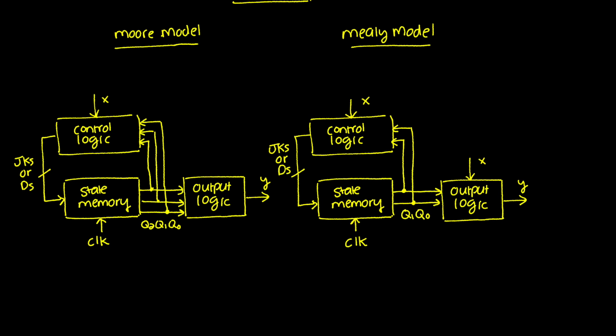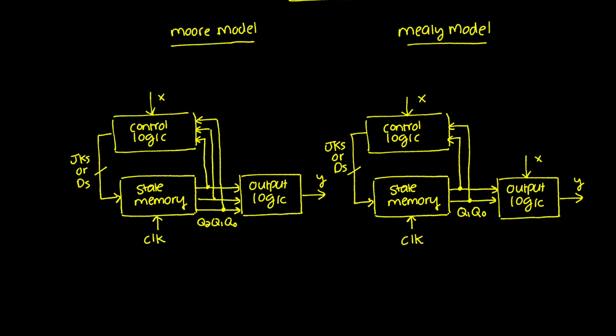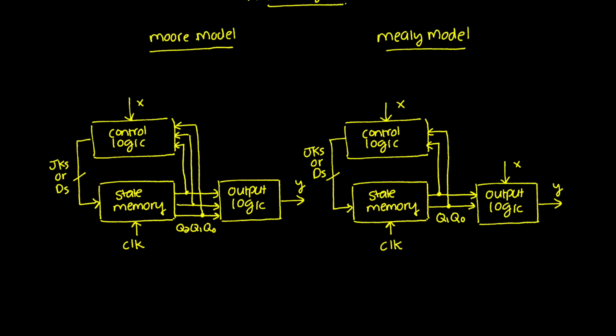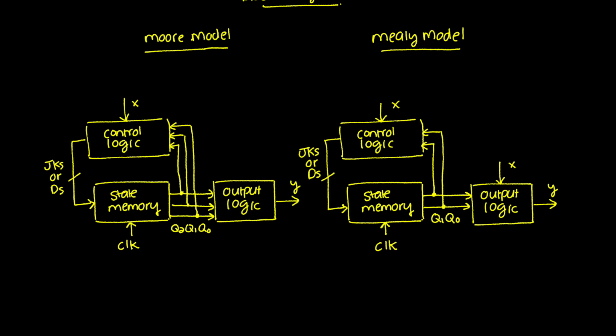That's what this represents: transitions that are conditional on my input X. But this is outputs that are conditional on my input X. I don't have that here, but I have that here. This is a good example to see the distinctions between Moore and Mealy, because yes, I do have an input X to my output logic, right?